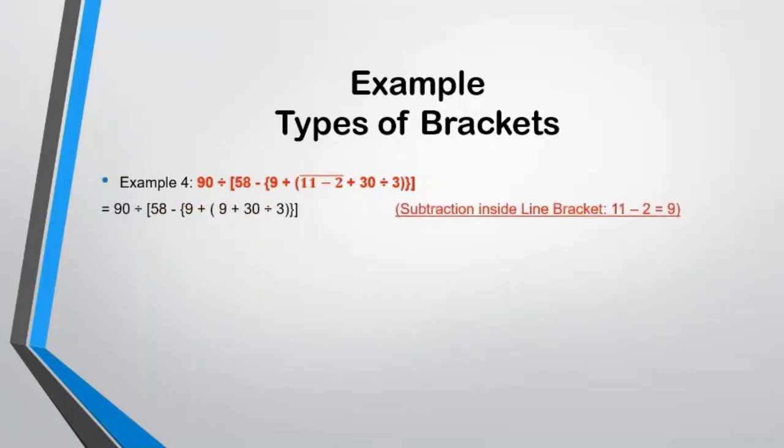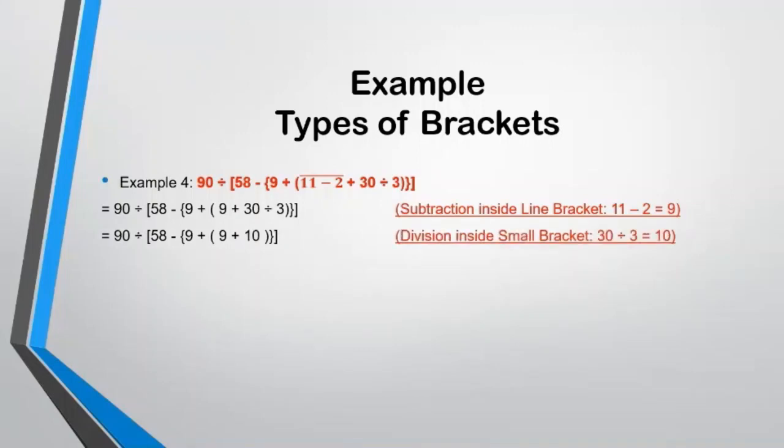First, we will do the subtraction inside the line bracket, which is 11 minus 2, which equals 9. So that will simplify the expression to 90 divided by in square brackets 58 minus in curly brackets 9 plus in round brackets 9 plus 30 divided by 3, when all brackets close.